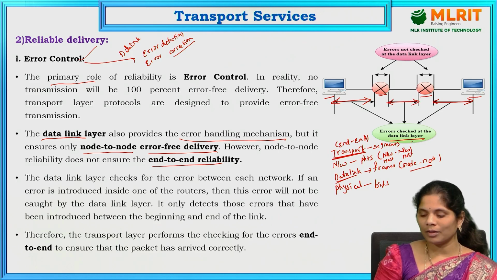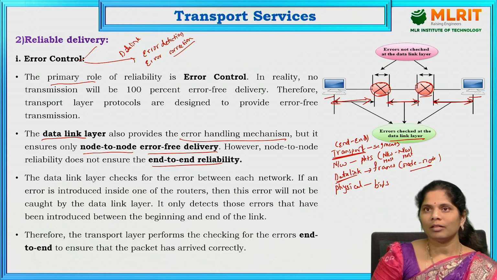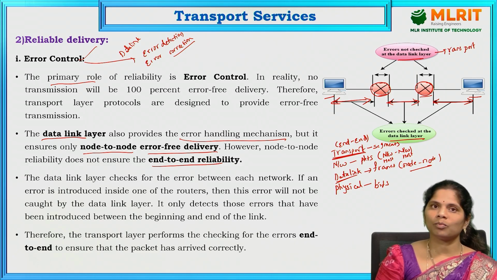Suppose within the network, if any error happens, that can be overcome only by the transport layer. It will not be checked by the data link layer. It is checked by the transport layer only. That is the main difference between the data link layer and the transport layer.